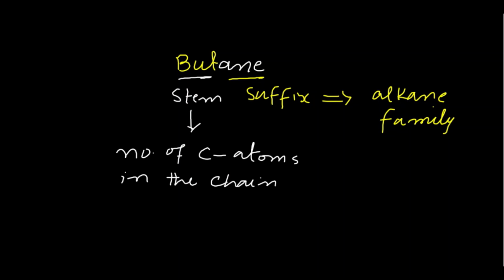Now students, we will understand this concept by taking different examples. For example, a compound is given to us and we are asked to write its IUPAC name. Compound made up of 4 carbon atoms, CH3, CH2, CH2, CH3.